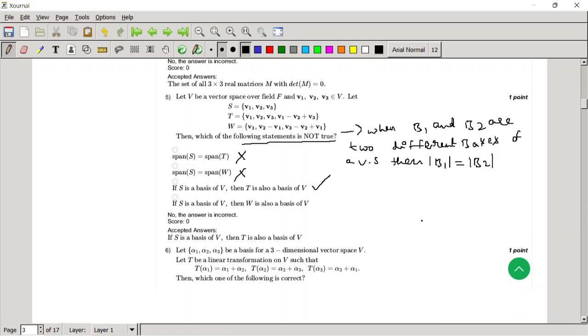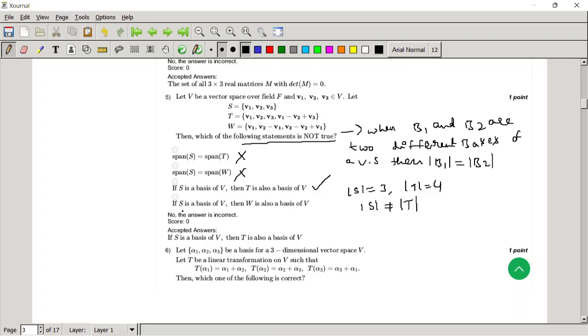So cardinality of S is not equal to cardinality of T. But whenever S and T both are bases, the cardinality of those two sets should be the same. But here it is different. So we can see the third option is incorrect.